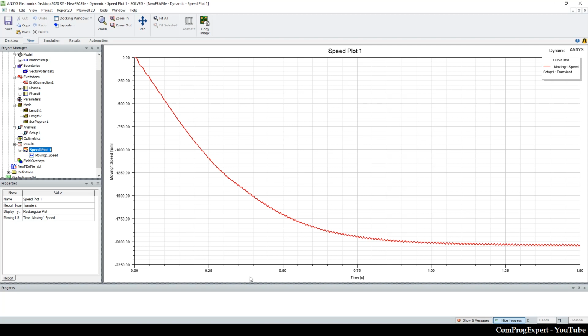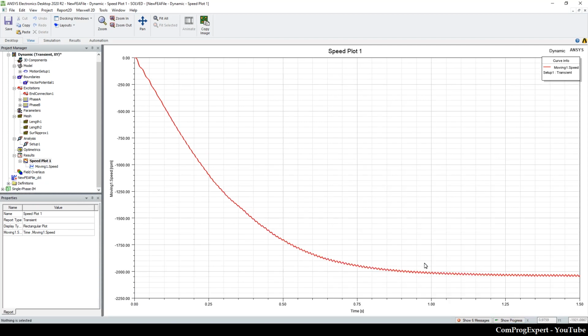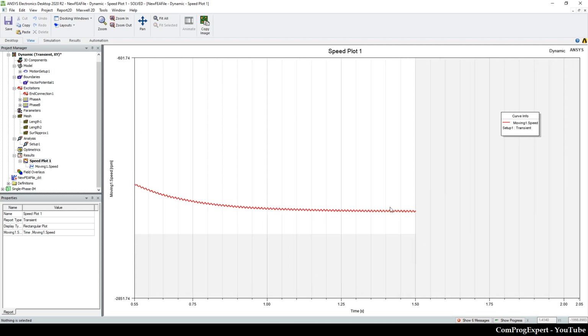Okay, simulation completed, and now you can see the results. This is the steady state speed here, right?